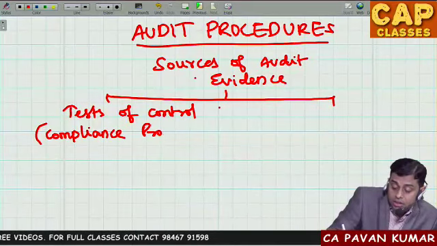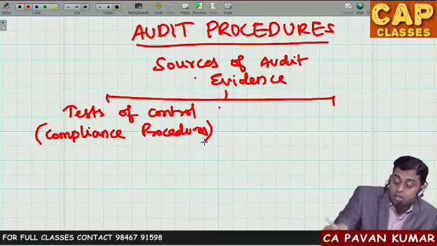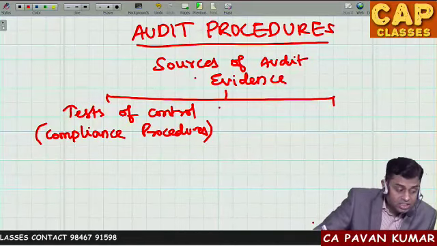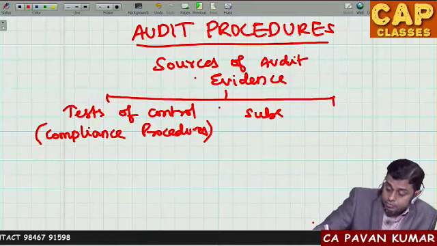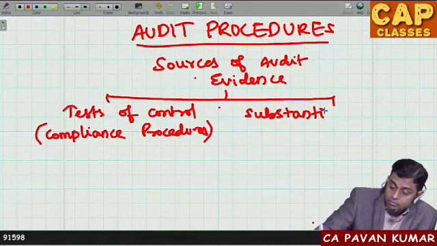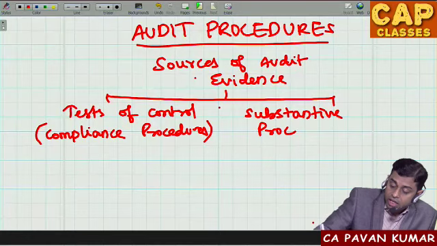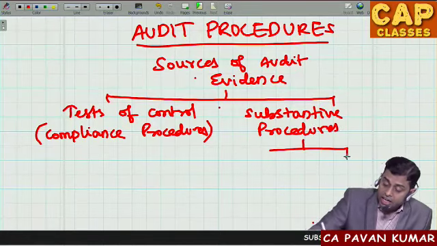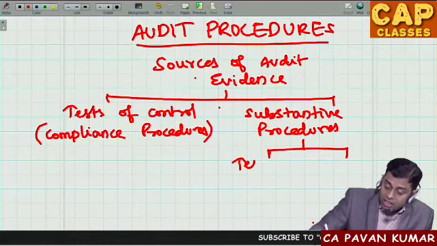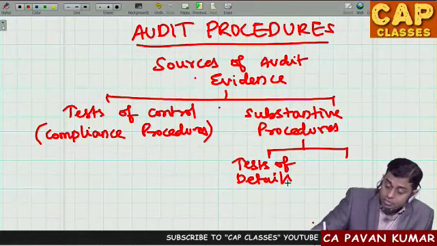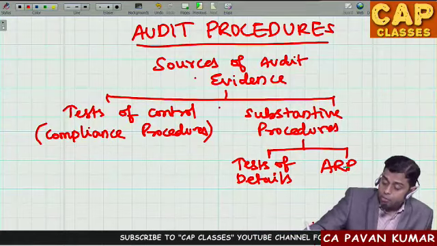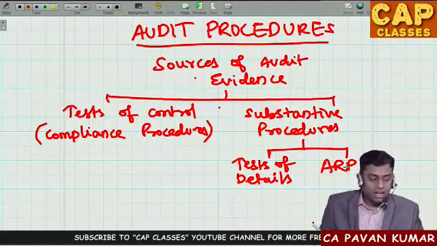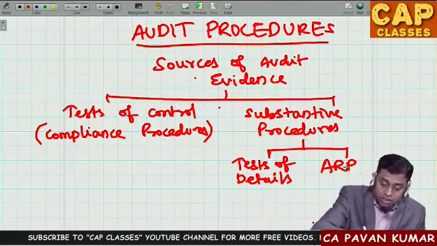The second one is substantive procedures. Substantive procedures are again classified into two: one is tests of details, and the second one is analytical review procedures.